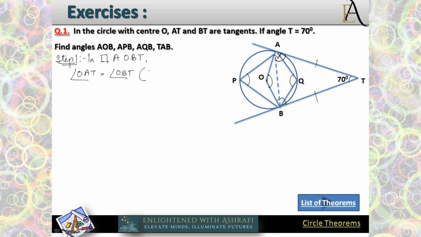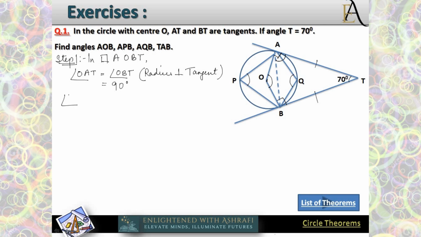You have to write the reason, you have to specify the theorems. What is the theorem? That radius is perpendicular to the tangent. So we got this. This is how much? This is 90 degrees.